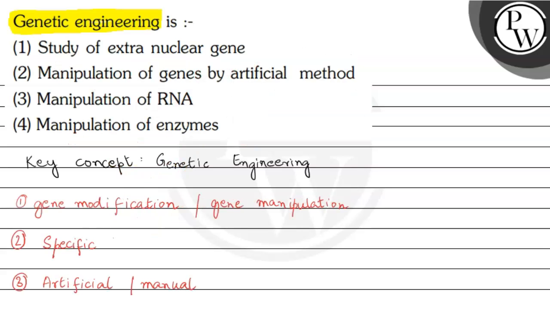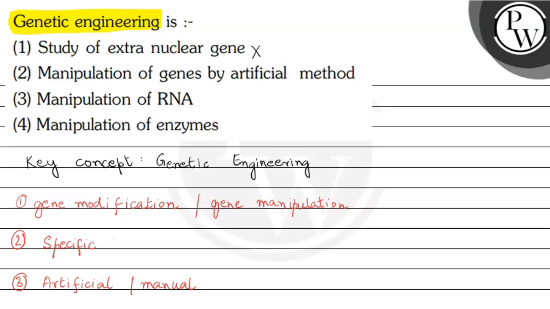Now, if we come back to our options, the first option says study of extranuclear gene. This option won't be correct because it is not just the study of extranuclear gene. It is the manipulation of all types of genes.